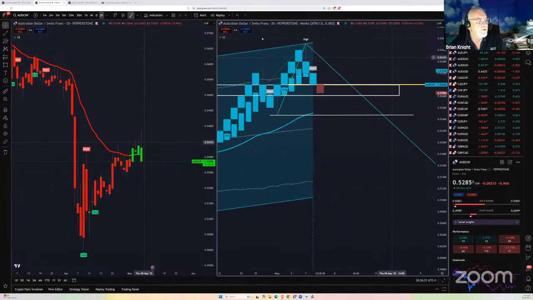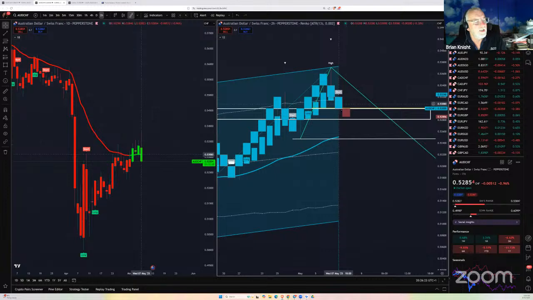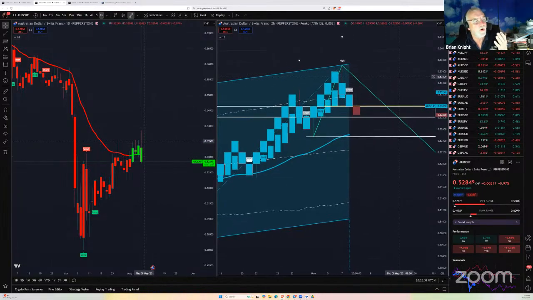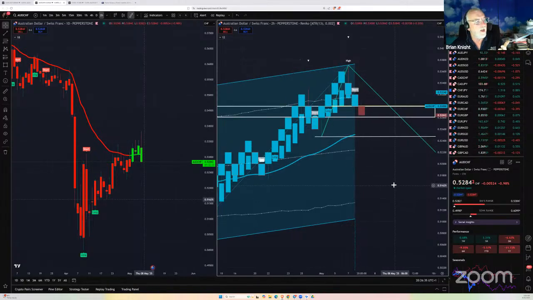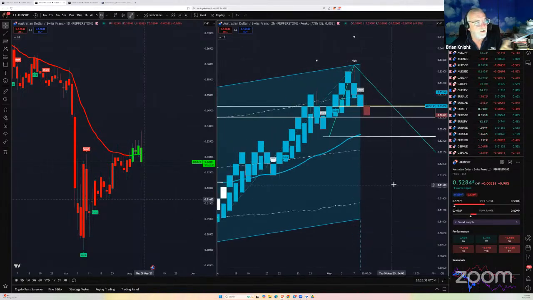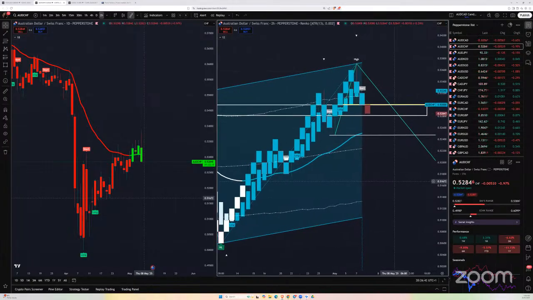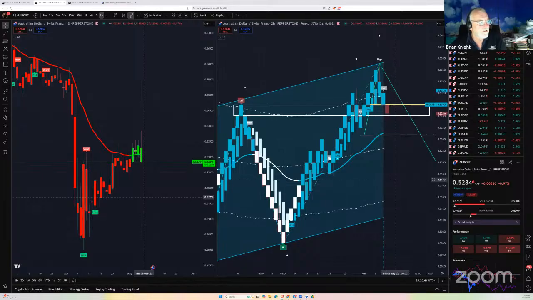Because that's blue, if we get a white Heikin-Ashi at some point, it could give us more confidence that this is potentially going into a sell direction. We don't know. 100%, that's exactly how it works. Good job, dude.